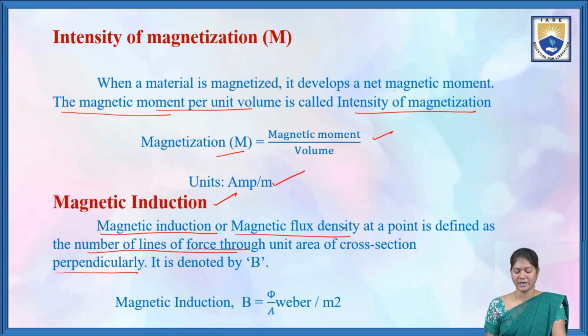It is denoted by capital B. So magnetic induction B is equal to phi by A, where A is the area of cross section of the material.